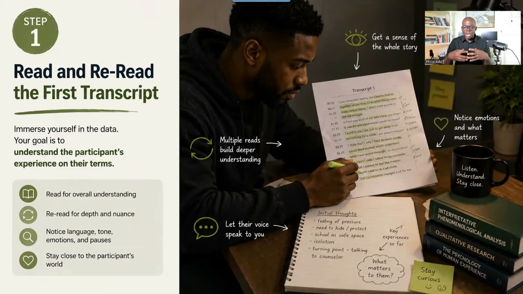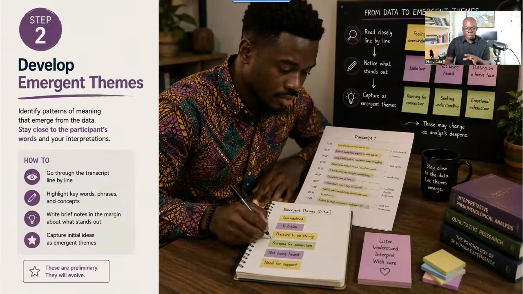So those are the initial ideas that you are extracting. As you are doing that, you're also looking for emotions and tone and pauses. All this information will help you to better understand how they make sense of the experience. So these are the things that you have to note at the beginning, right?